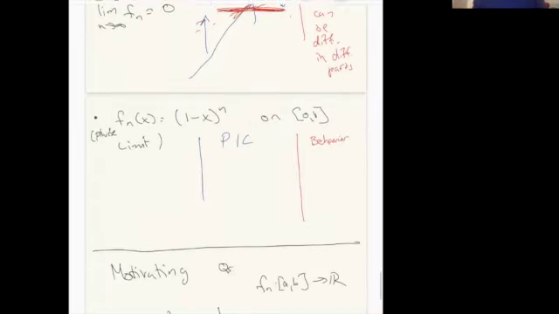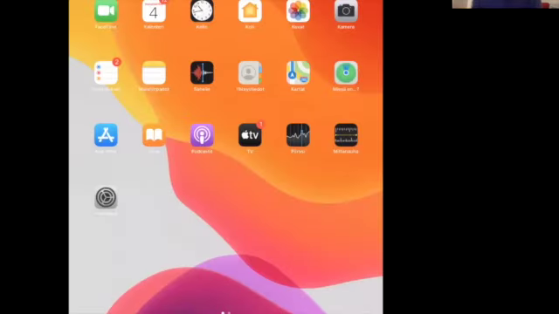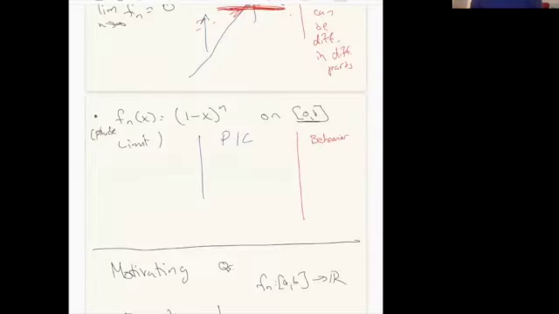And finally, one more example is, even in bounded domains, you can have this kind of behavior. So if you take 1 minus x to the n, and we take the limit as n goes to infinity, well, this is the limit of 1 minus x to the n. Now this is a power of something between 0 and 1. Then there are 2 choices. If x is equal to 0, this is 1 to the n, and it's a constant sequence 1.